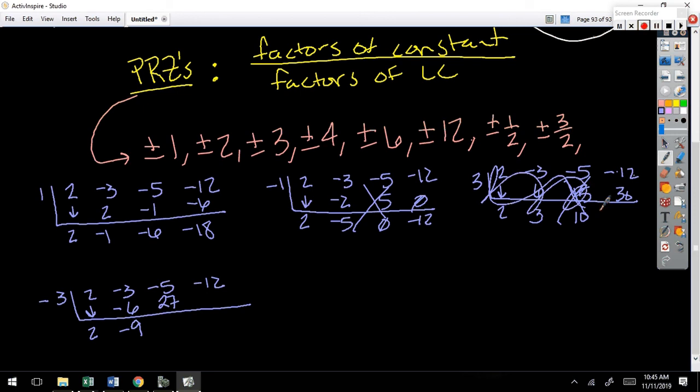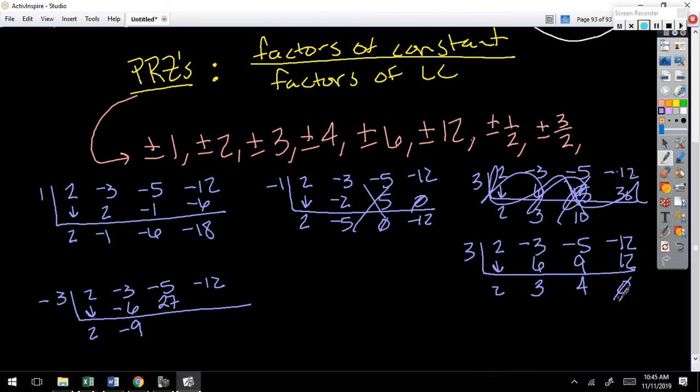I was pretty sure the factor was either 3 or negative 3. Then how do you know that though? All right, watch what happens whenever I do it. 2, 6, 3, 9, 4, 12. Yes. It's not 12. All right, so this one works.